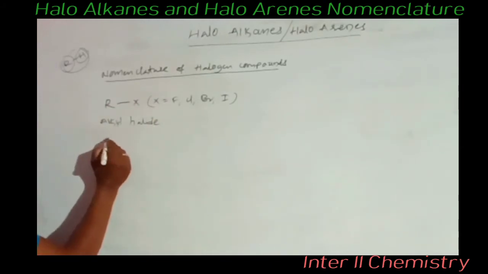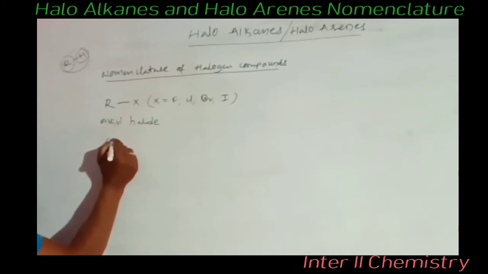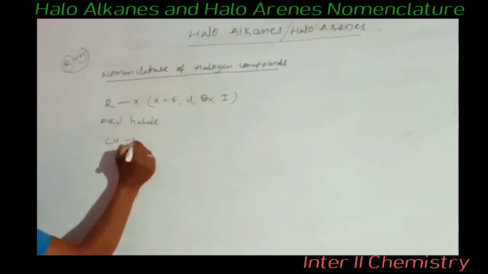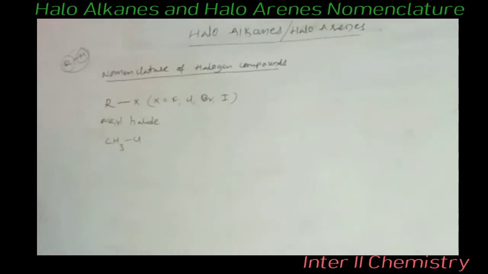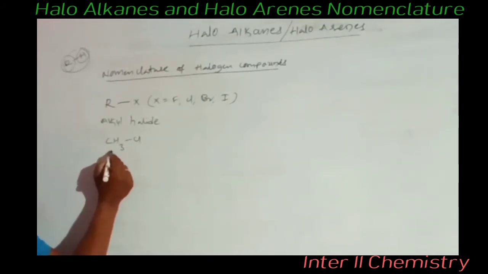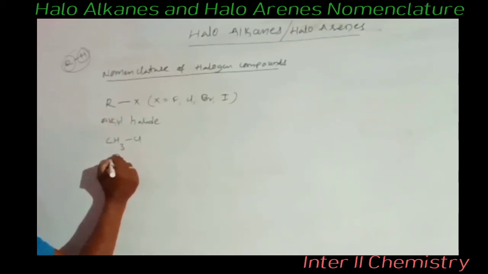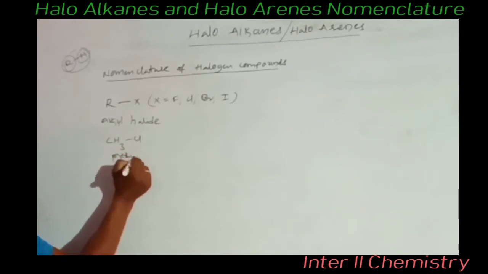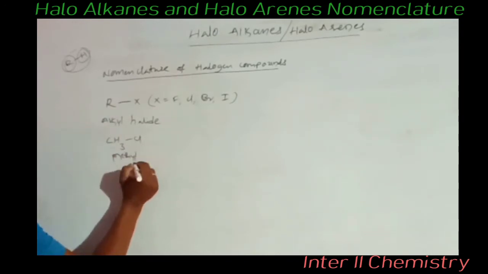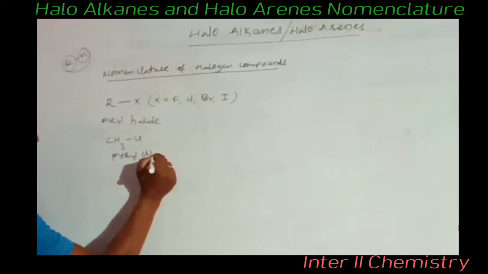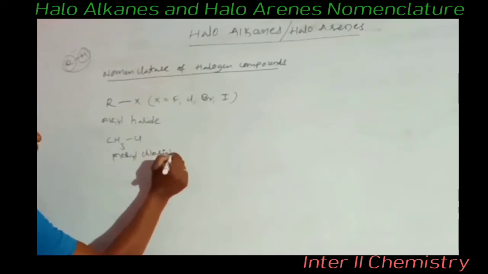Let us consider specific examples. CH3Cl. What is the name of this compound? We already know this comes from methane, so it is called a methyl group. It has chlorine, so it is named methyl chloride.